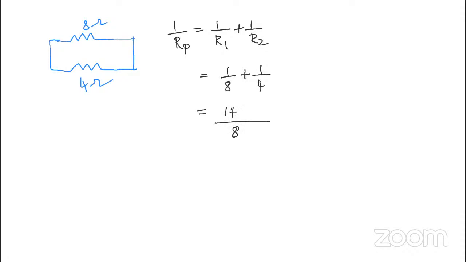So this is 1 time and this is 2 times. Okay. So from this, what is the value of RP? 3/8. So from this, RP is 8/3 ohms.